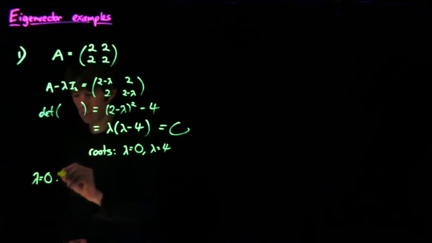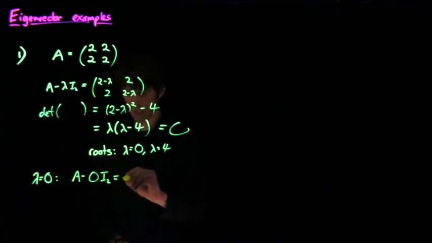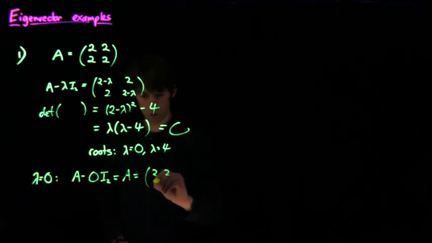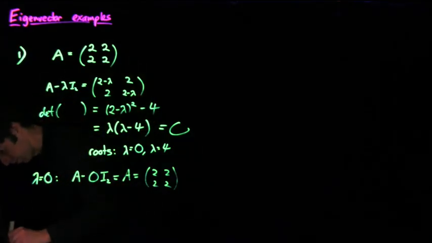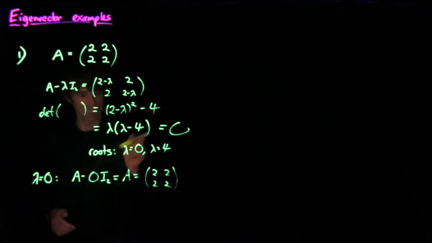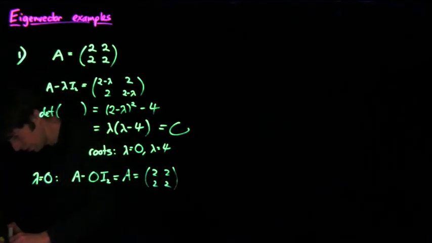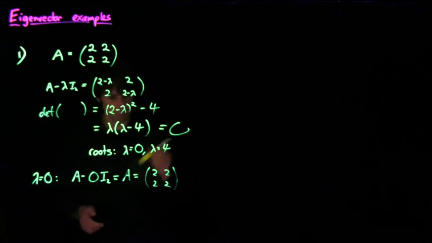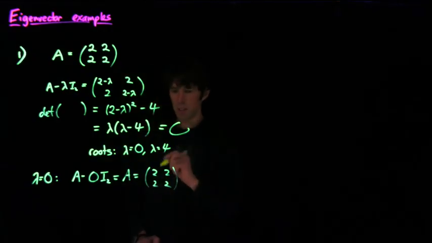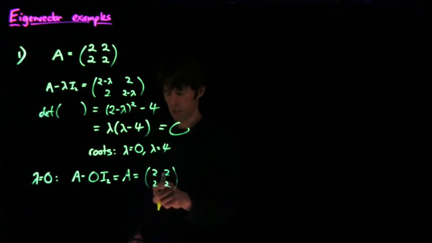So we'll do lambda equals 0 first. A minus 0 times the 2 by 2 identity is just A. So this is 2, 2, 2, 2. Okay, so this 2 by 2 matrix here, I see that the second column is equal to the first.